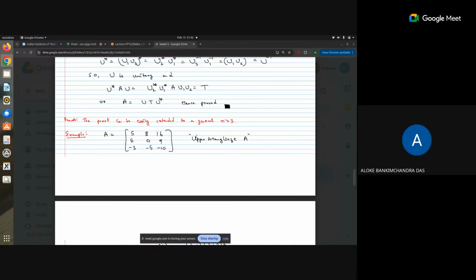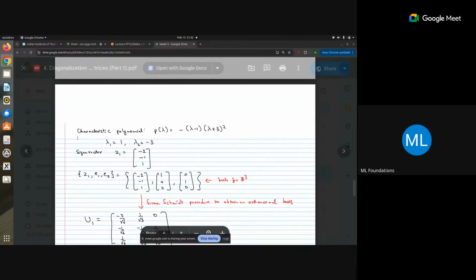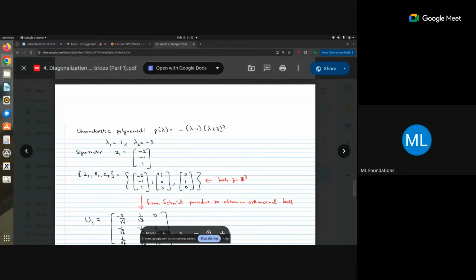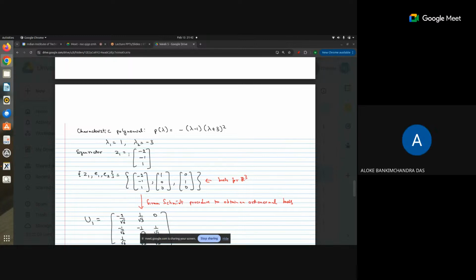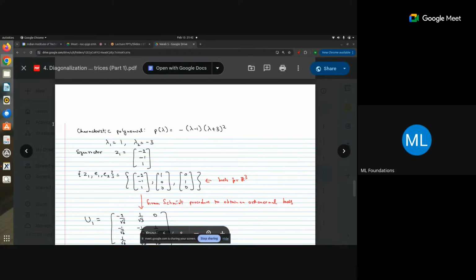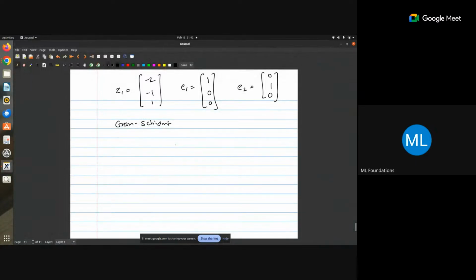This is the matrix A. Reading column-wise: 5 5 minus 6, 8 0 0, 1 minus 5, 16 16, 9 9 and minus 10. For one of the eigenvalues, lambda is 1 and minus 3, and the eigenvector corresponding to it is -2, -1, 1. We have taken two other vectors, 1 0 0 and 0 1 0.